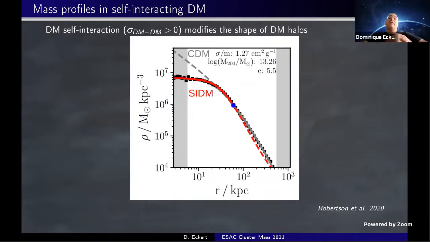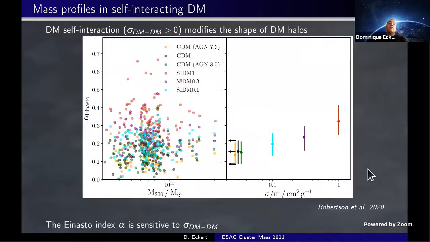If dark matter interacts with itself, then the interactions of dark matter in the core are going to smooth out the profiles, and instead of the cuspy profiles that we expect in lambda CDM that you can see here, we expect to find a flatter profile in the core like this. And this is reflected in the Einasto shape parameter alpha.